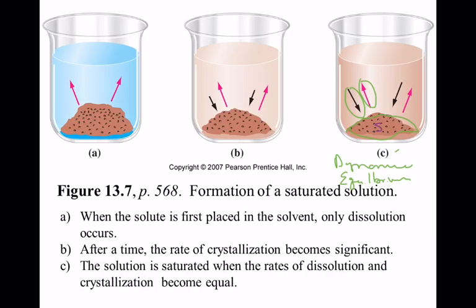It's going to go from solid to aqueous, assuming water is the solvent. It's going to go back and forth. But do you buy this? If the rate of precipitating is equal to the rate of dissolving, then this solution concentration is constant. So that's important. We have this dynamic equilibrium going on.